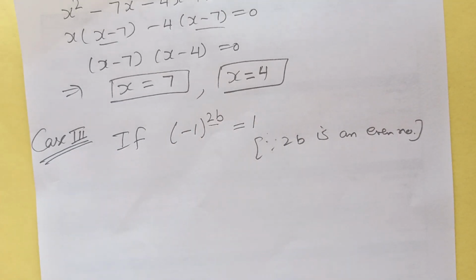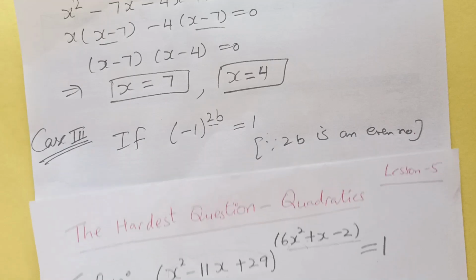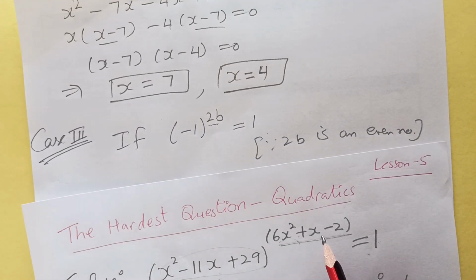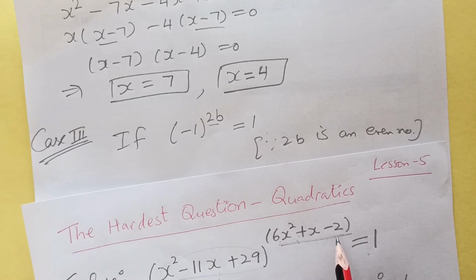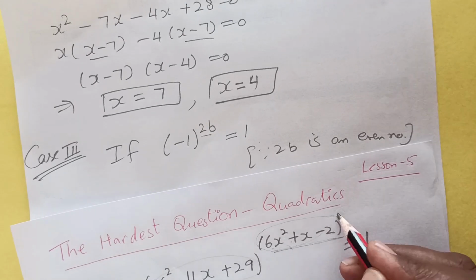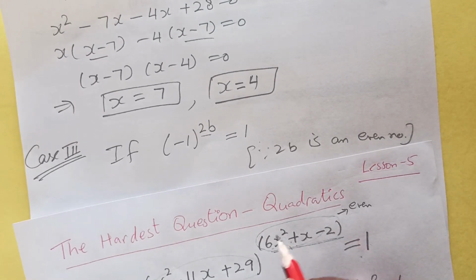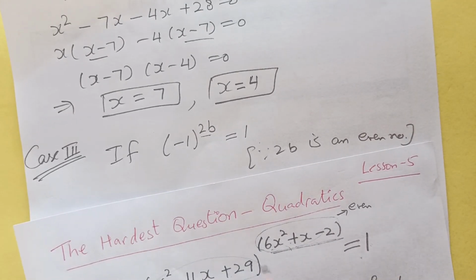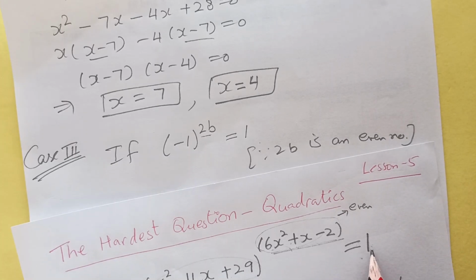So meaning to say that if this power, meaning if 6x squared plus x minus 2 is an even number, only then we can get a positive answer, that is 1, right?